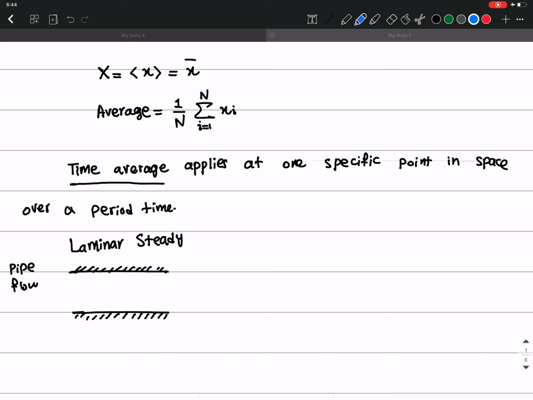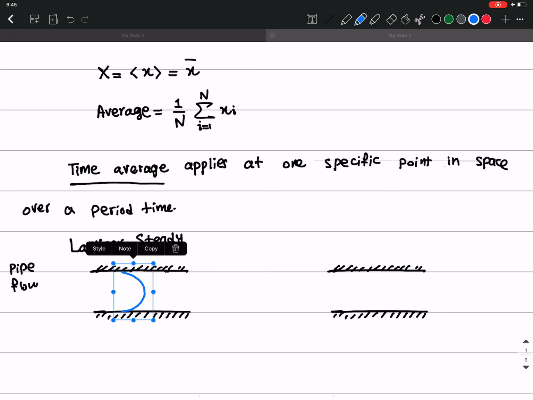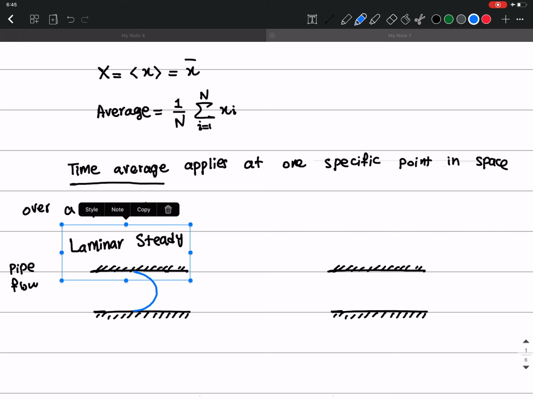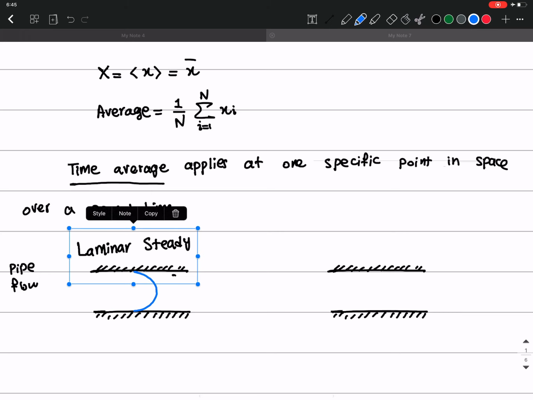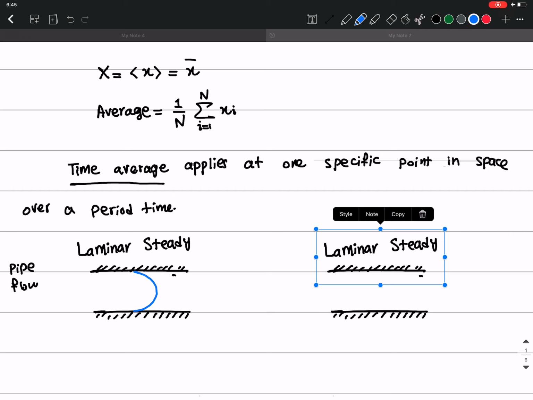So my profile, the water profile in this pipe is going to be like this. It's a laminar flow, okay? And then in the second example, I show a turbulent steady flow, rather than a laminar.